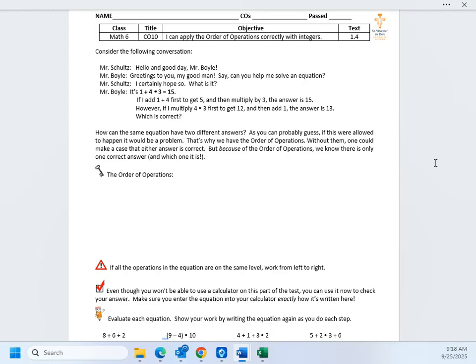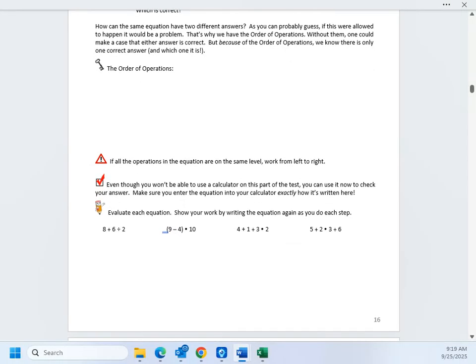Their logic that they both use is very, very common that lots of kids use. I have a lot of students that think Rhoda's way and a lot of students that think Jack's way. We're going to say which way we should all start thinking. So how can the same equation have two different answers?